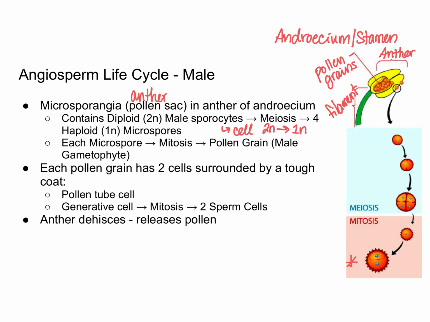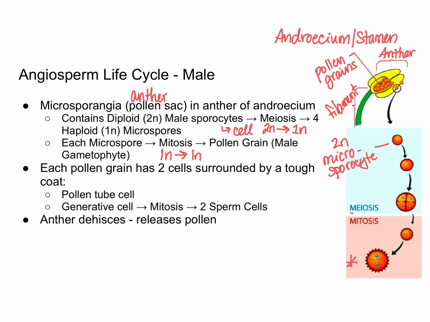These microspores are then going to go through mitosis, so the haploid cells are going to produce more haploid cells, and they are ultimately going to form a pollen grain, which is the male gametophyte. We can see that happening in this picture over here. So we start out with the microsporocyte, which is diploid.